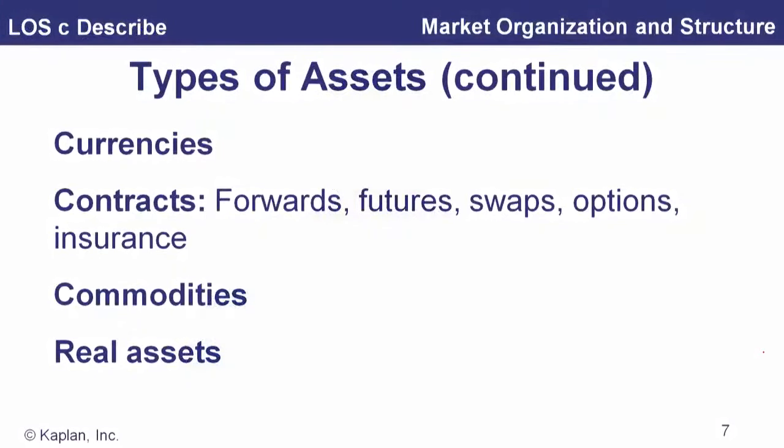They give the owner the option to buy at a particular price or to sell at a specific price sometime in the future. Commodities, well, commodities are real assets. If we refer to wheat, rice, and more broadly, sometimes precious metals, gold, platinum, silver, as commodities.